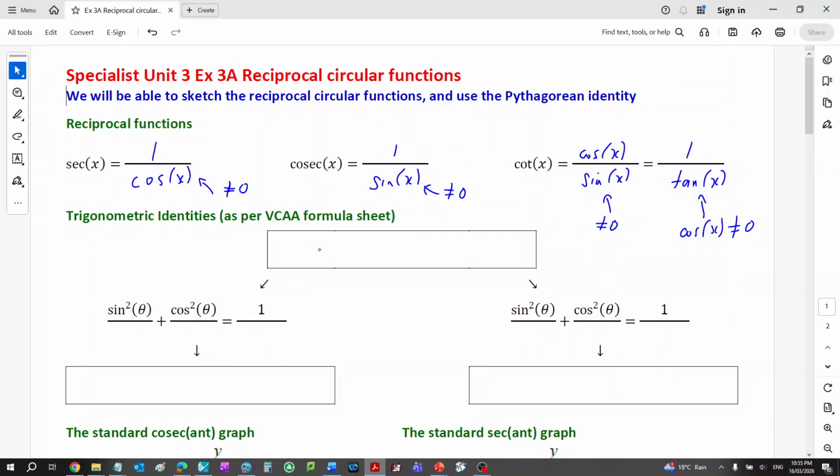Trig identities. We're just going to start with sine squared theta plus cos squared theta is equal to 1, the Pythagorean identity. And from here, on this left hand side, if we divide all three terms by sine squared theta, then what we're left with is 1 plus cotan squared theta.